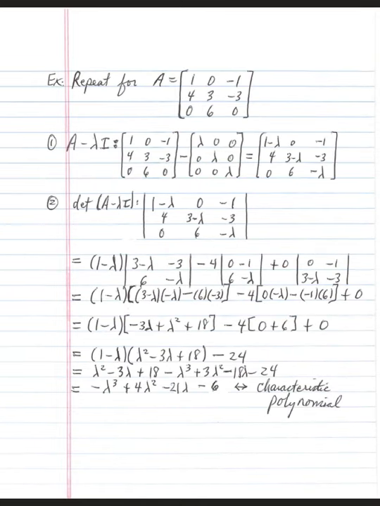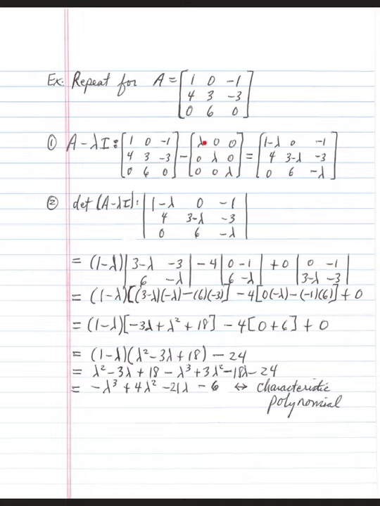Let's repeat for a 3 by 3. Now the 3 by 3, it is a headache because there's so much tedious math to keep up with. So we have a 3 by 3 matrix. First thing we do is we're going to form, just like on the previous example, A minus lambda I. So here's matrix A minus lambda times the 3 by 3 identity.